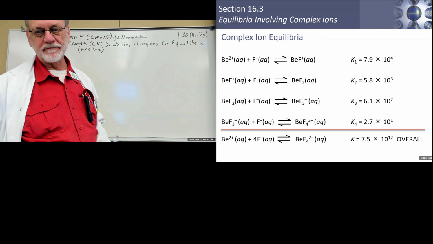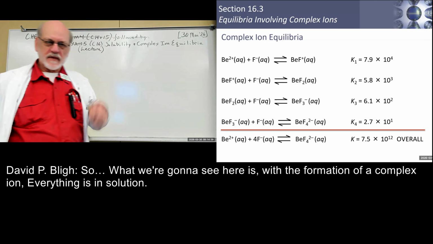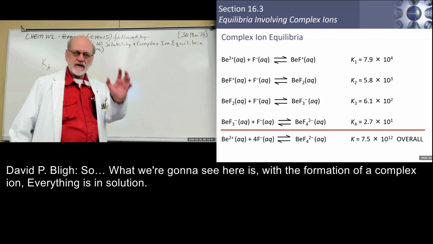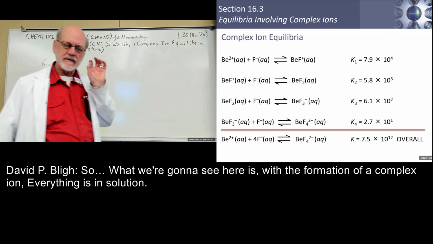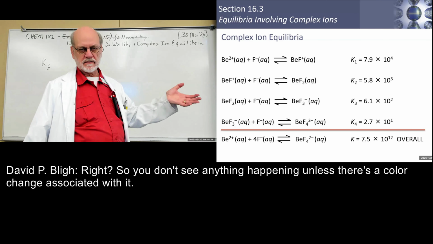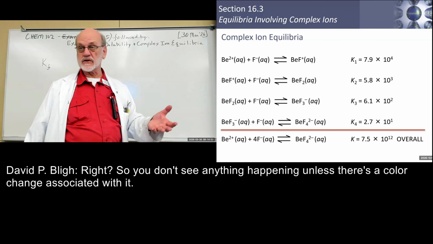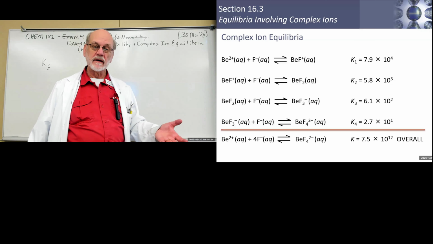It goes all the way. And that is soluble. So what we're going to see here is with the formation of a complex ion, everything is in solution, right? So you don't see anything happening unless there's a color change associated with it.